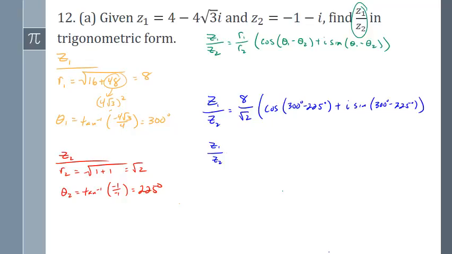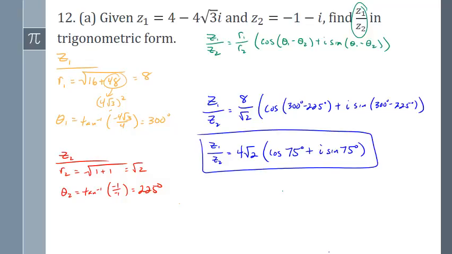So the quotient is 8 rad 2 over 2, which reduces down to 4 rad 2, times the cosine of 300 minus 225, which is 75 degrees, plus I sine 75 degrees. And once again, you could write those 75s as radians if you really wanted to, but that's going to be our final answer for A.